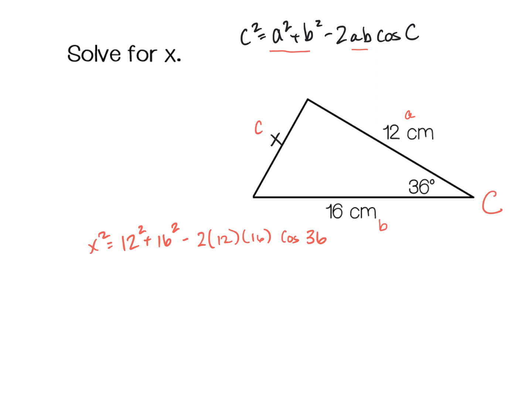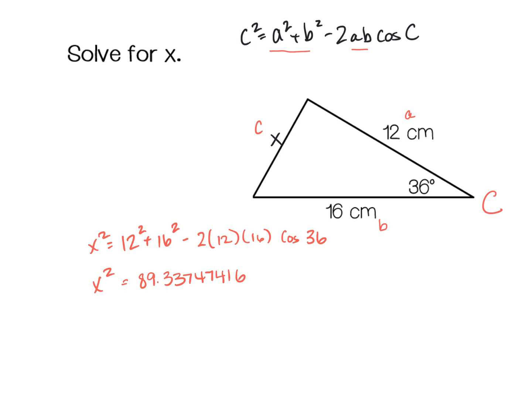Honestly, I just typed this into my calculator all at once. I have 12 squared plus 16 squared minus 2 times 12 times 16 times the cosine of 36. Once I type that into my calculator, I have x squared equals 89.33747416, and more numbers.